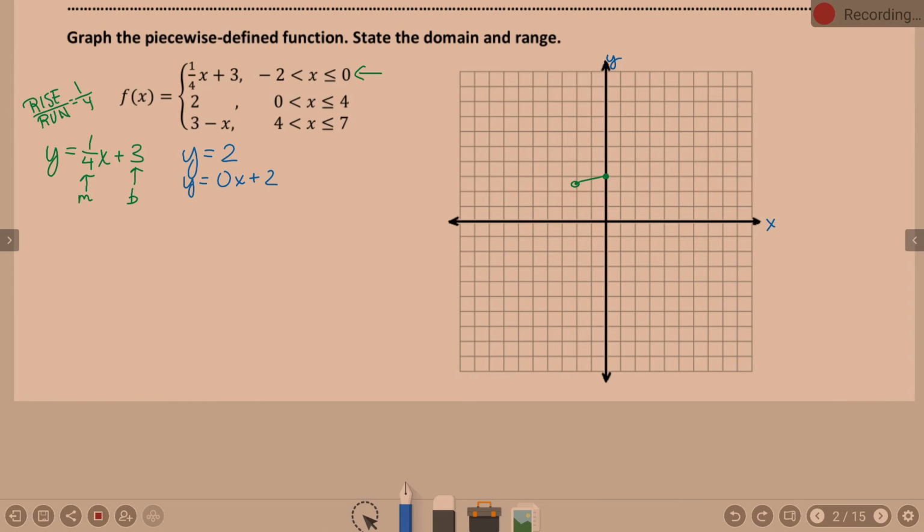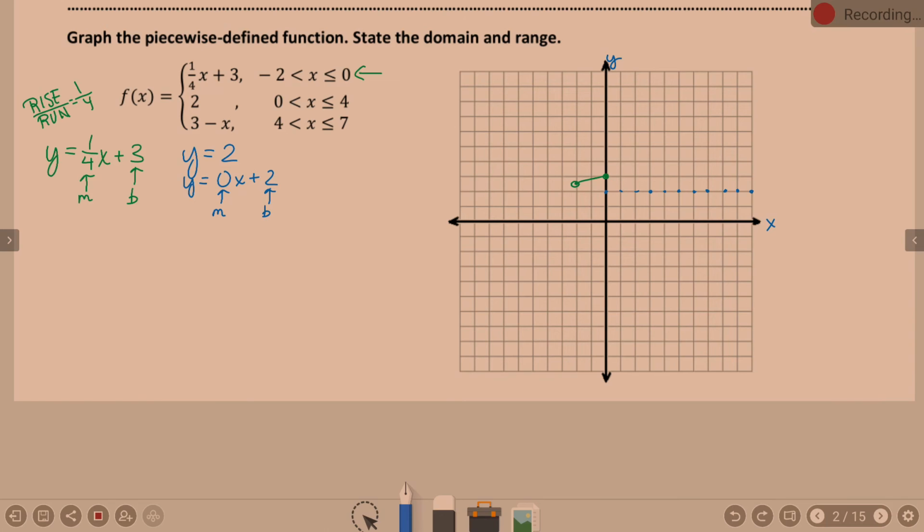Either way, your y-intercept is 2, and a slope of 0 means you have no rise. The slope of 0 means 0 rise and all the run you want. So, y-intercept of 2, and basically, however far you need to make dots over, right?